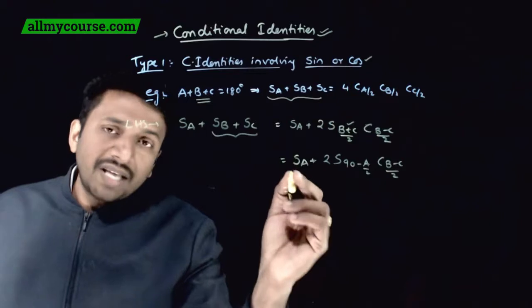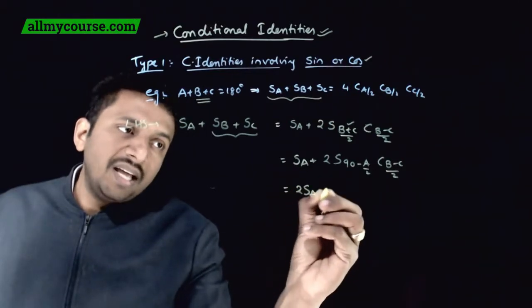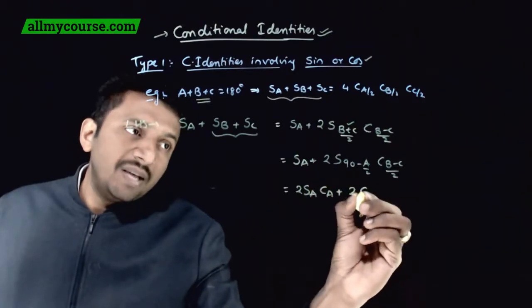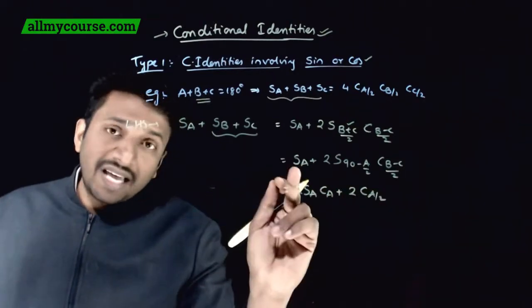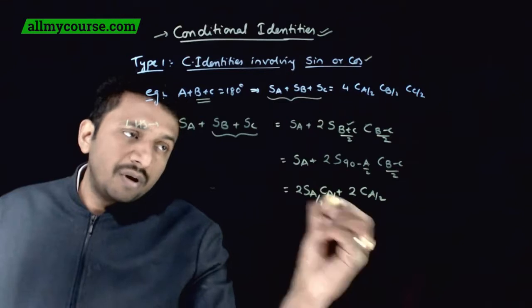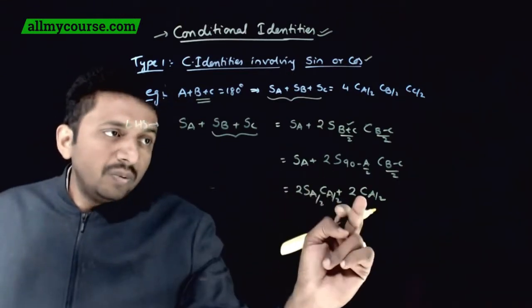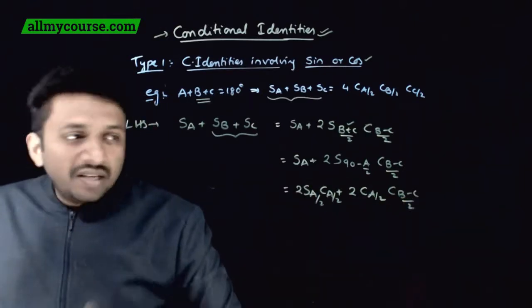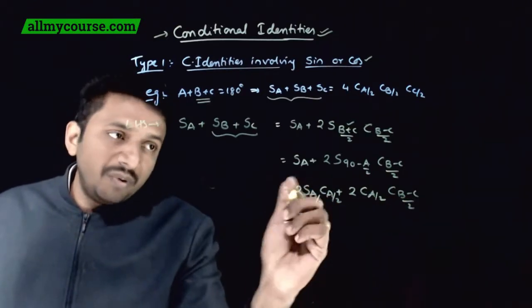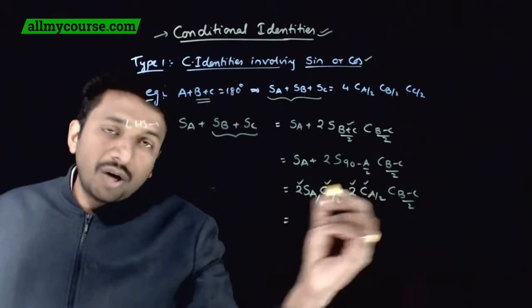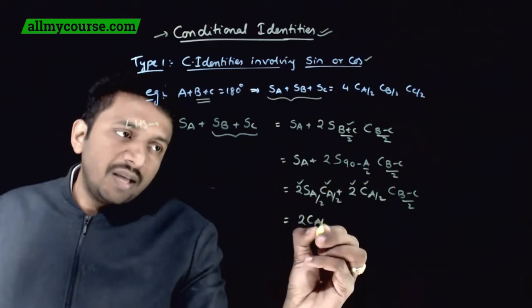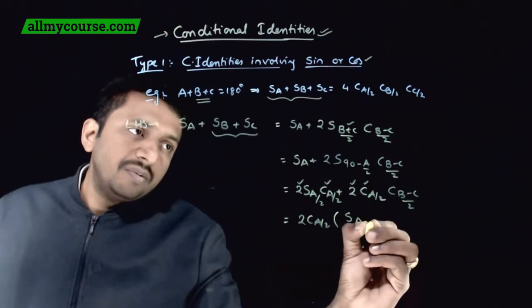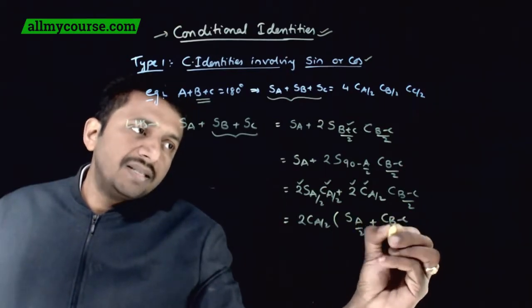Sin A can be written as 2 sin A by 2 cos A by 2, plus 2 cos A by 2 into cos B minus C by 2. Now as you can see, in both of them you have 2 cos A by 2 as common. So I'll take 2 cos A by 2 as common. What is left out? Sin A by 2 plus cos B minus C by 2.